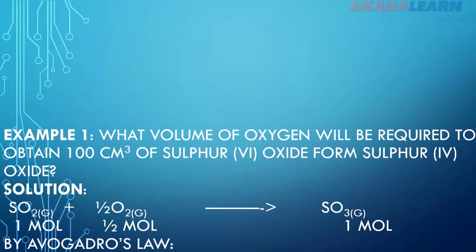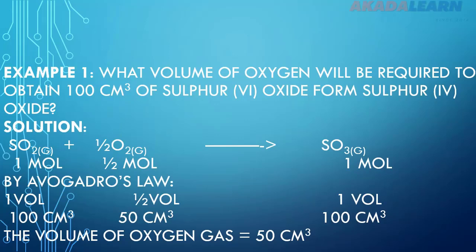Let's now take an example. What volume of oxygen will be required to obtain 100 cm³ of sulfur(VI) oxide from sulfur(IV) oxide? Solution: SO2 + 1/2 O2 will give us SO3. That means 1 mole of SO2 will combine with half a mole of oxygen to give us 1 mole of sulfur(VI) oxide.